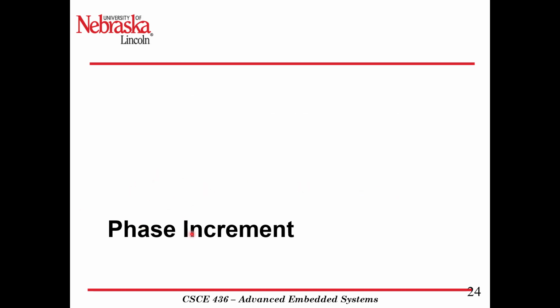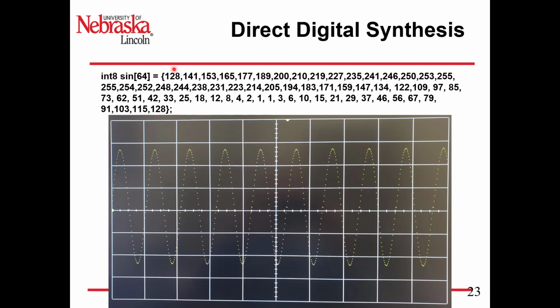First thing we're going to learn about to do this is phase incrementing. So how did I increment through this waveform in my C code to be able to print that into DRAM and then put that onto the screen?